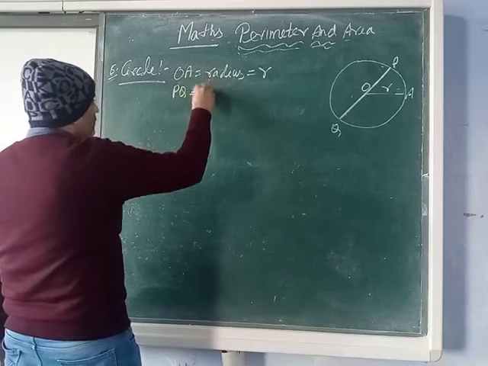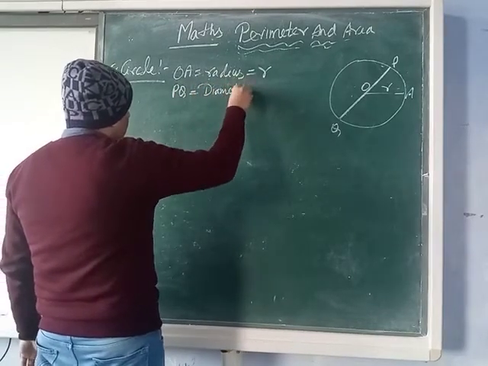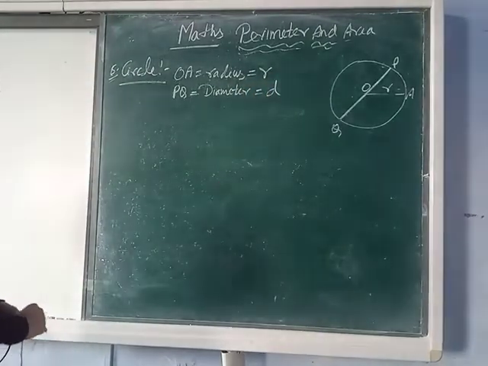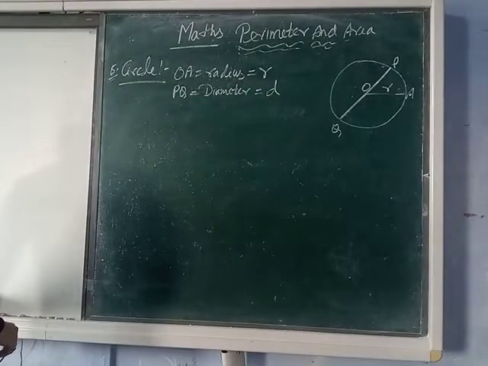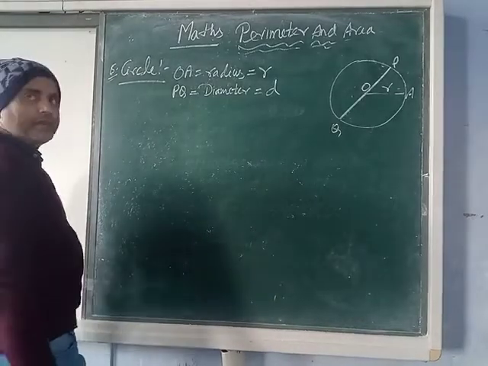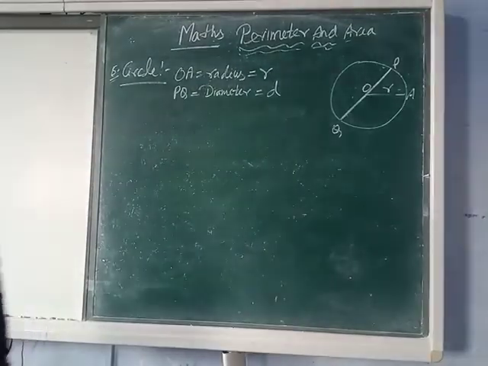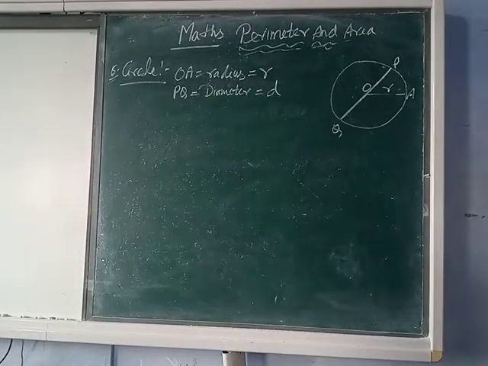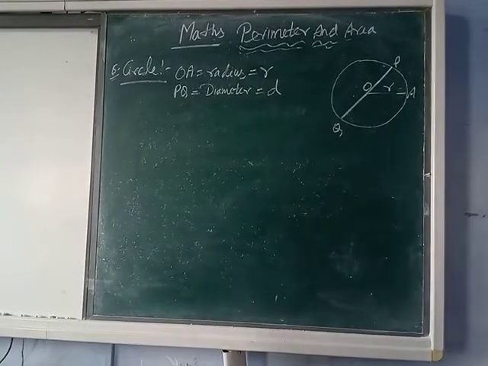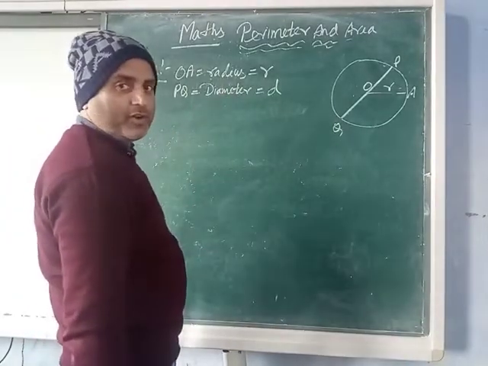PQ is the diameter, denoted by D. Okay. So now if anyone asks what is the relation between radius and diameter, then we will find out. PQ is diameter and that is small d.